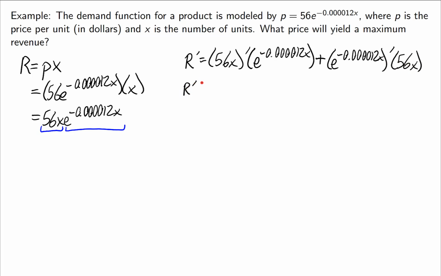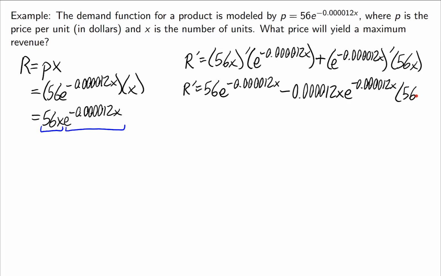When I take this derivative, I get 56 times this e plus, let's take a small shortcut here. This technically needs the chain rule, but I'm going to use a little formula for e to the kx being k e to the kx. That actually makes this plus a minus, and all these zeros is my k, my coefficient, and the e term. Again, times 56x.